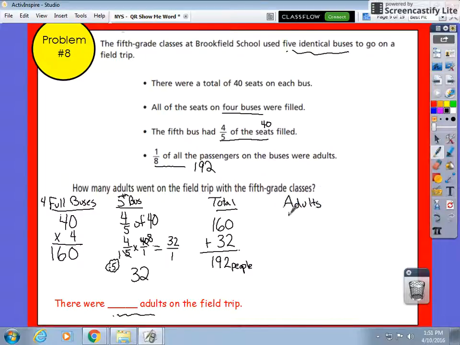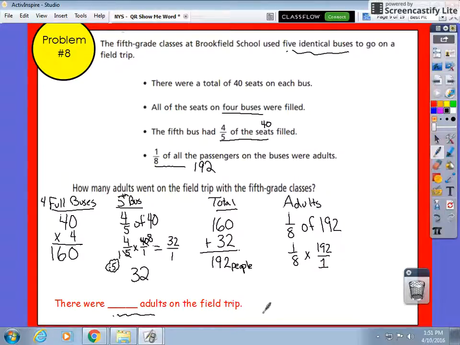If I can think about a number in front, 1/8 of 192, a number in front of the word of and a number after, I know that I need to multiply 1/8 times 192, and notice that I made that a fraction. I put the 192 over the 1 to make it a fraction, because I need two fractions to multiply.